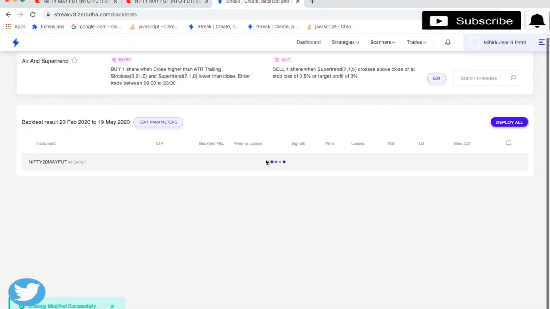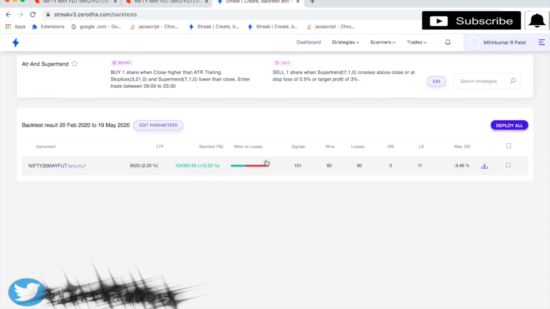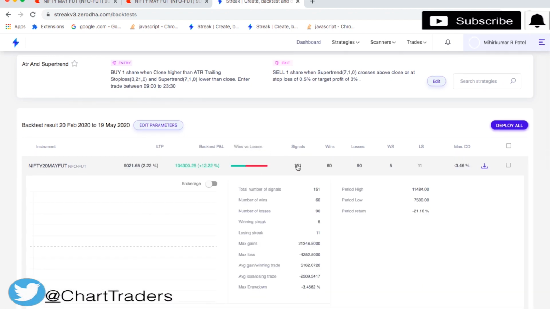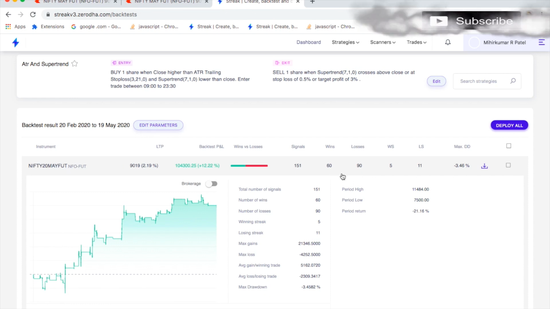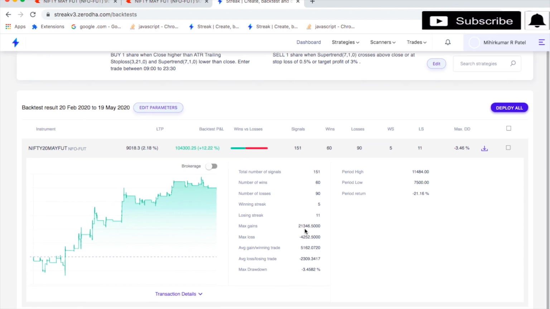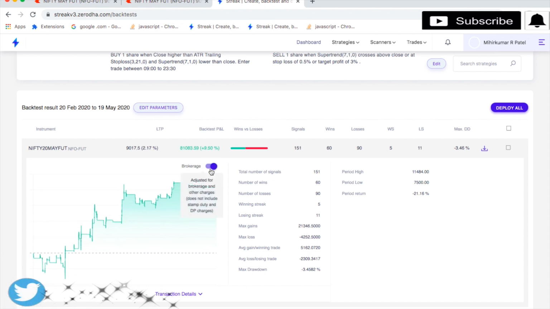It shows that 151 signals are generated over 3 months, 12 Feb to 19 May. 60 wins and 90 losses. So we can calculate the accuracy, that is around 35 to 40 percent. Now if you remove the brokerage, profit is around 81,000.